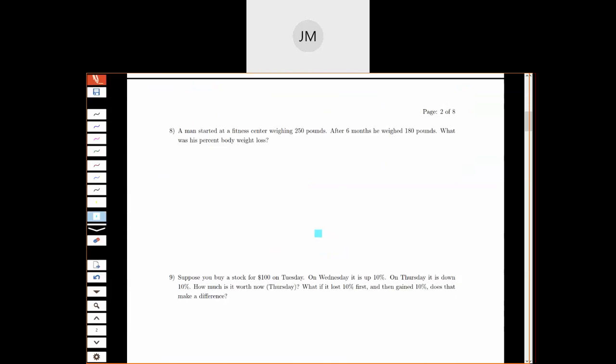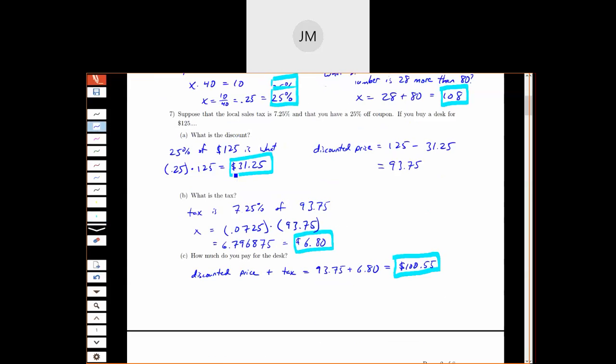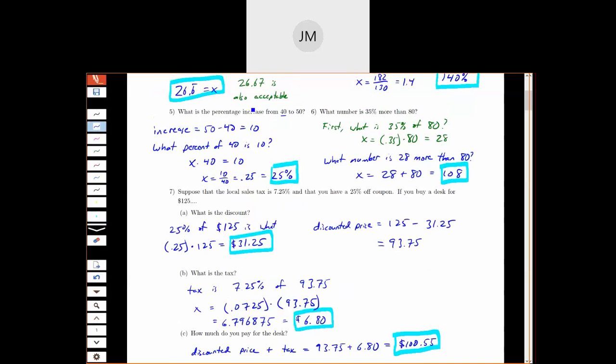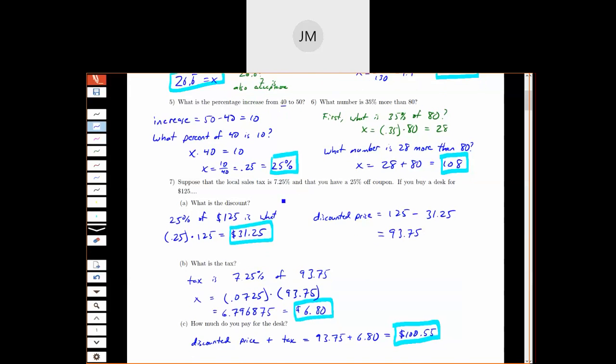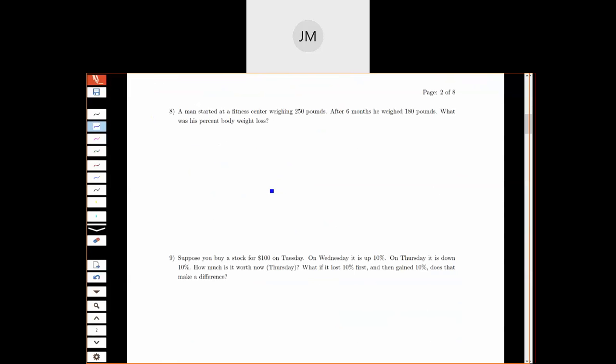Okay. Some more percent increase and decrease. A man started at a fitness center weighing 250 pounds. After 6 months, he weighed 180 pounds. What was his percent body weight loss? Okay. So just like we did up here with the percentage increase and decrease, what we want to do is first find the amount of increase or decrease.